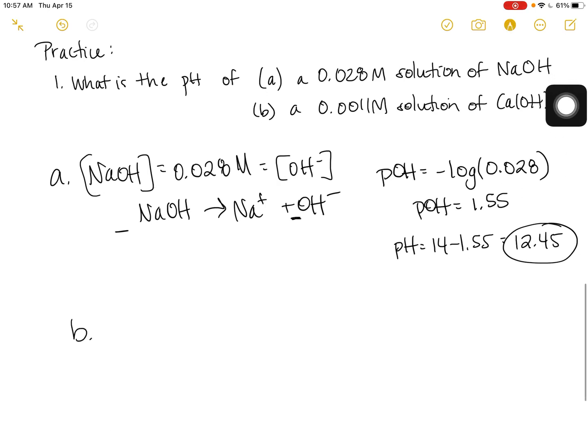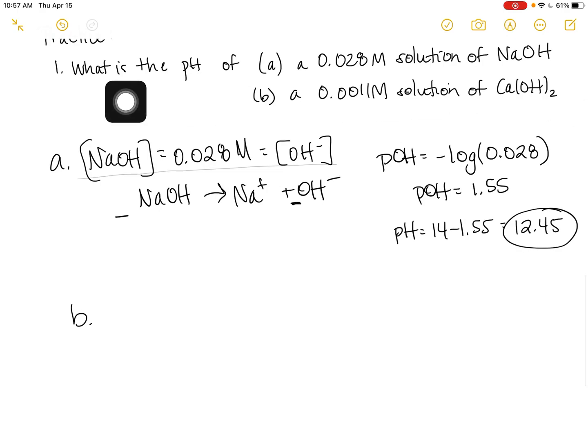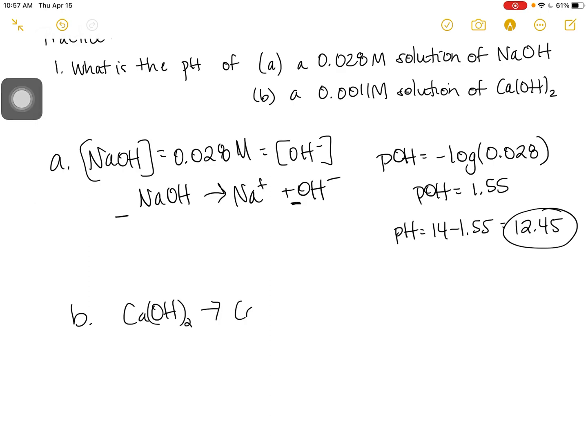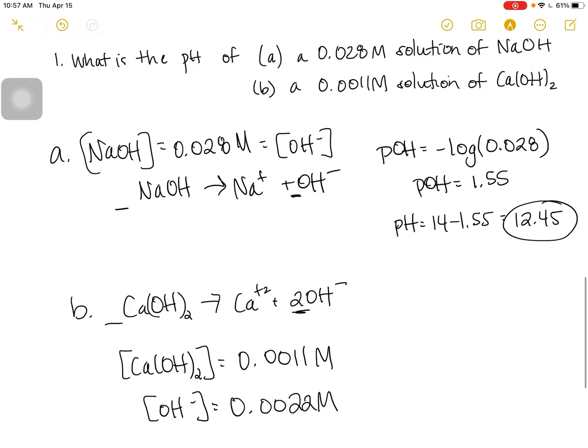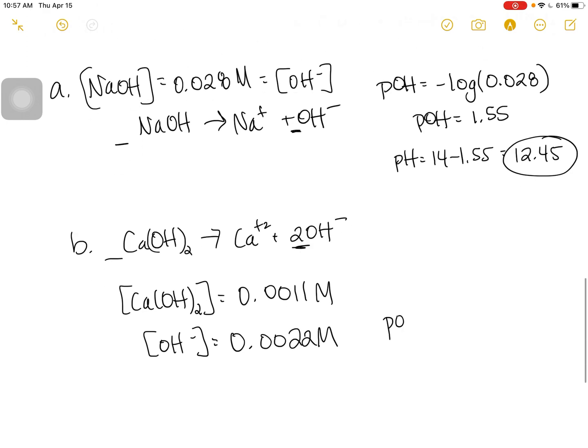And that pH shouldn't surprise you because sodium hydroxide, of course, is a base, and this is a pretty basic pH. And then in B, same idea, but this time I'm given calcium hydroxide. So we should see quite quickly that it's a 2-to-1 relationship. So when the concentration of calcium hydroxide is equal to 0.0011, the OH concentration is equal to 0.0022, and I can do the same thing. pOH is going to be the negative log.